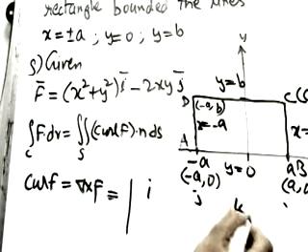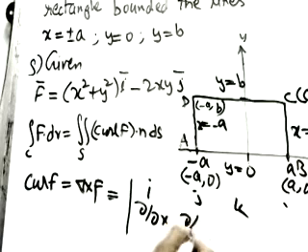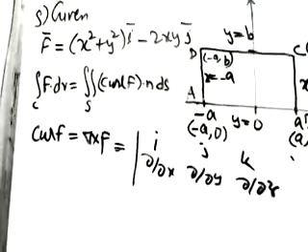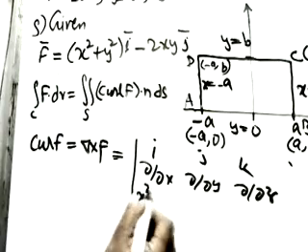Del cross F means we have to take i, j, k, and del is dou by dou x, dou by dou y, dou by dou z. Now if you see F, this is F.